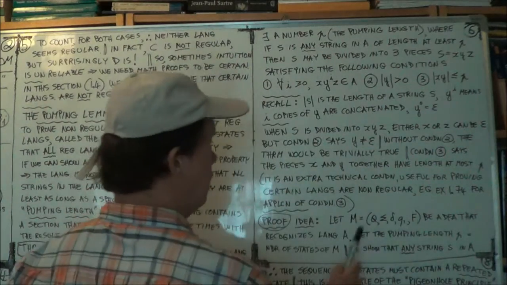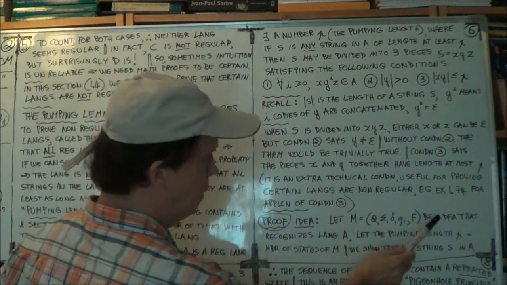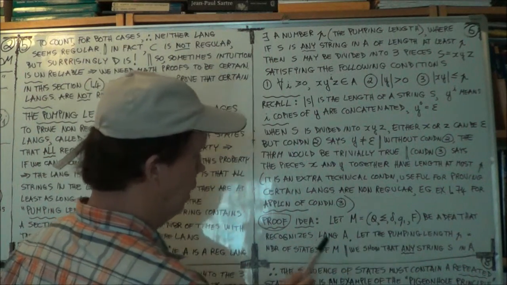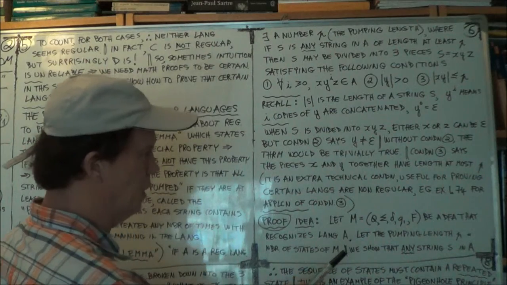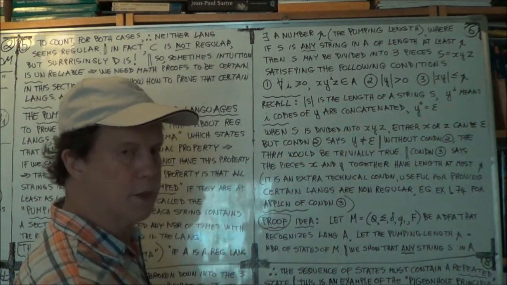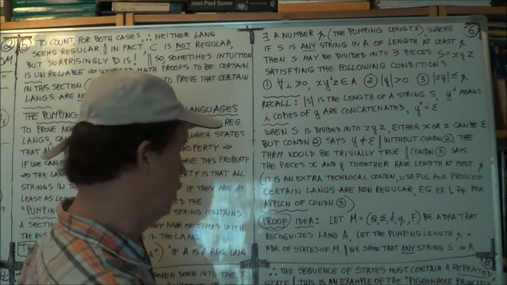So recapping a little bit, you've got a language A. You know it's regular because there's a DFA M, this machine, that recognizes it. We choose a pumping length p, just some positive integer, that's equal to the number of states in the machine.